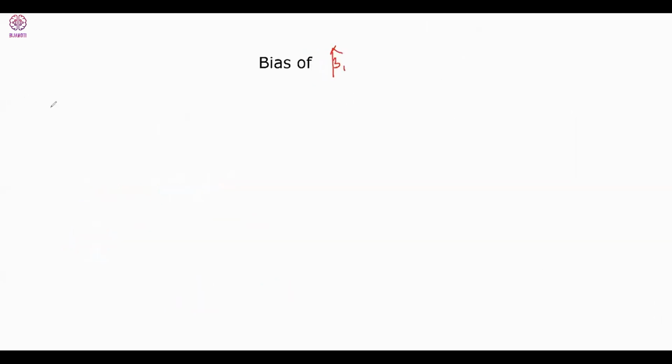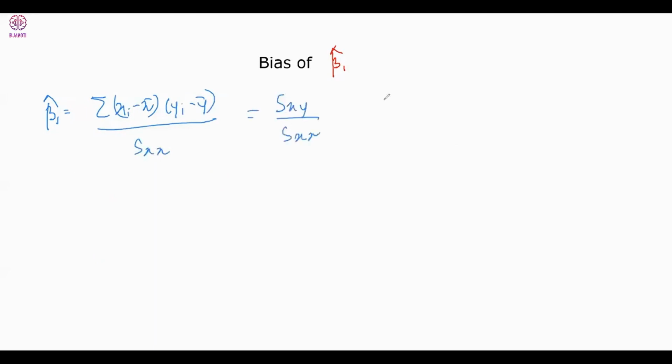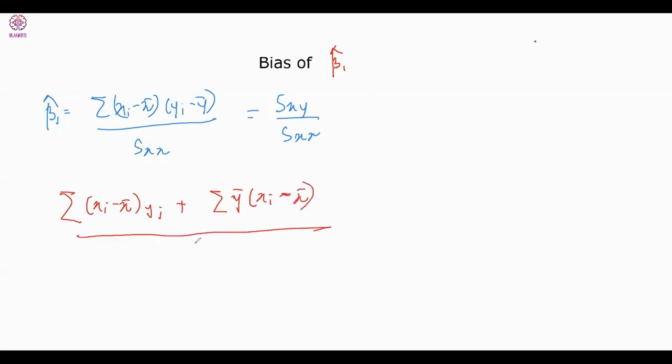So what was beta 1 hat? Do you remember? Beta 1 hat is summation of (xi minus x bar) into (yi minus y bar) by Sxx. That is, I wrote Sxy by Sxx. Now let's do some very basic calculation. We can write summation of (xi minus x bar) by yi plus summation of y bar into (xi minus x bar), by Sxx.